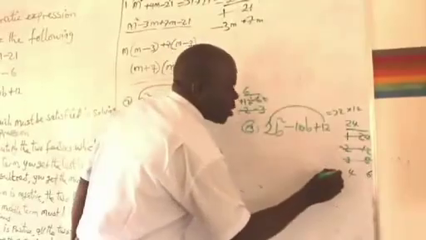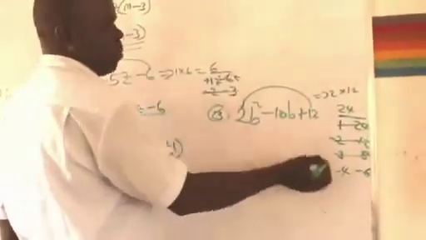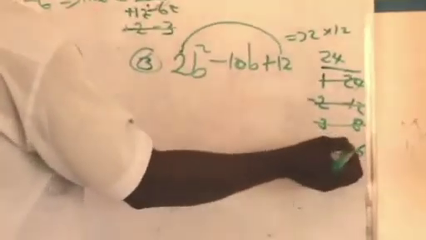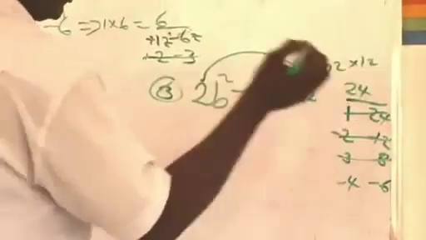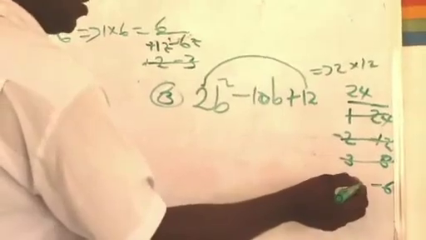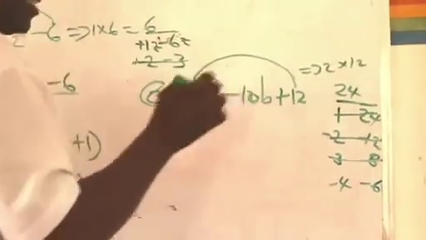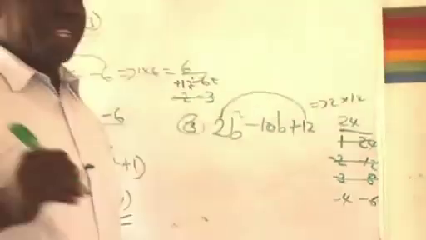Now, we try to put minus, minus, you see. If I multiply minus 4 times minus 6, will I get plus 24? Yes, I will get it. If I add minus 4 plus minus 6, will I get minus 10? Yes, I will get it. So the last factors, minus 4 and minus 6, satisfy the condition.